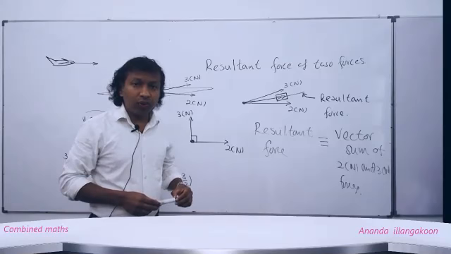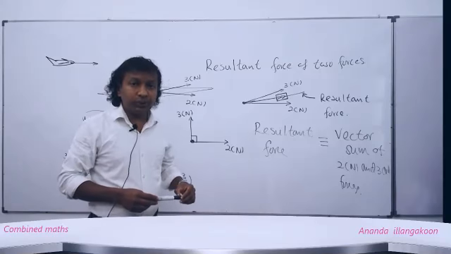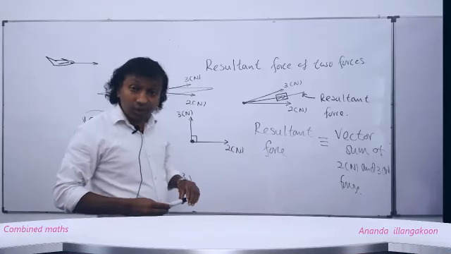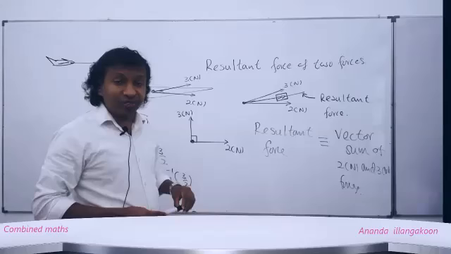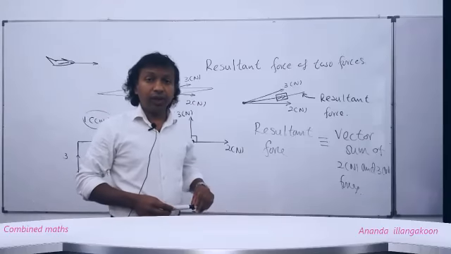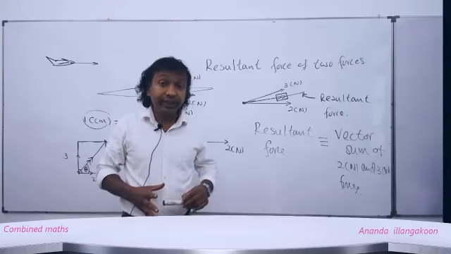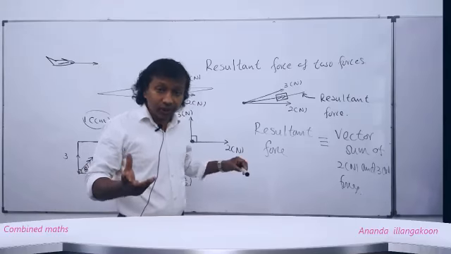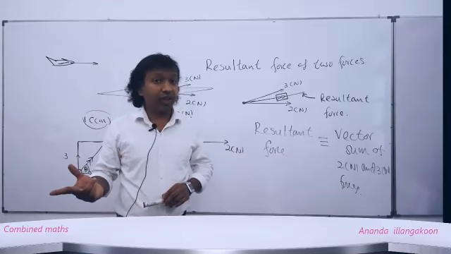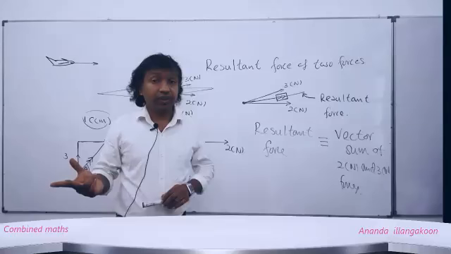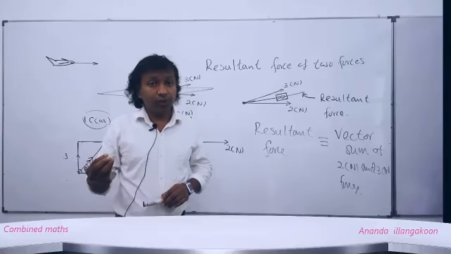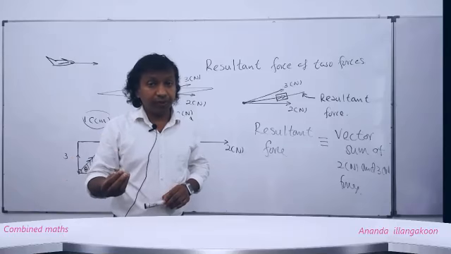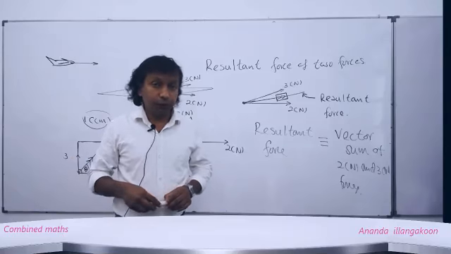The parallelogram law, we prove its truth by considering two forces, doing the practical in the physics lab, but it can also be used for any two vectors, not only for two forces. Velocity is a vector. Acceleration we can take as a vector. So in finding the resultant vector of two inclined vectors, this parallelogram law can be used.